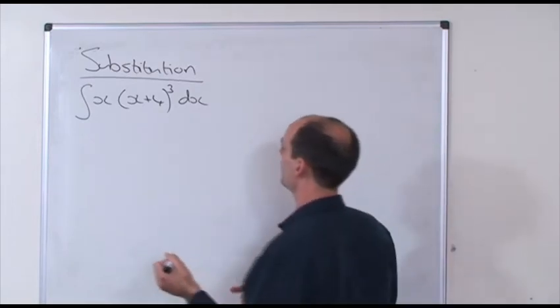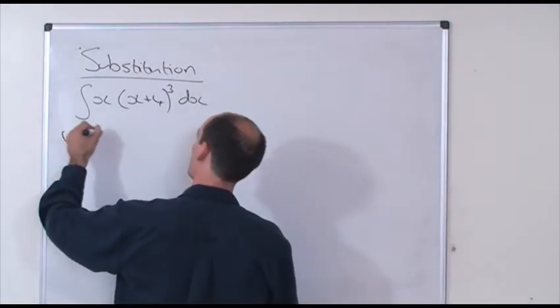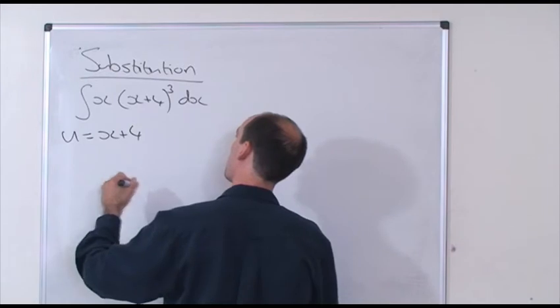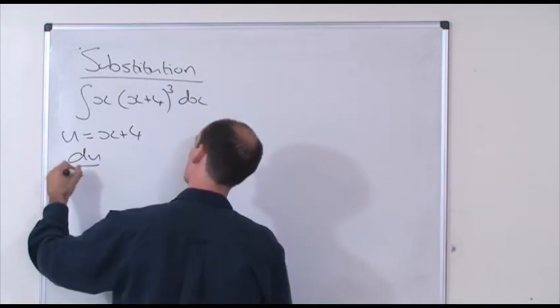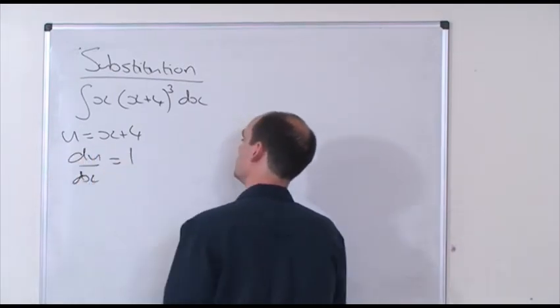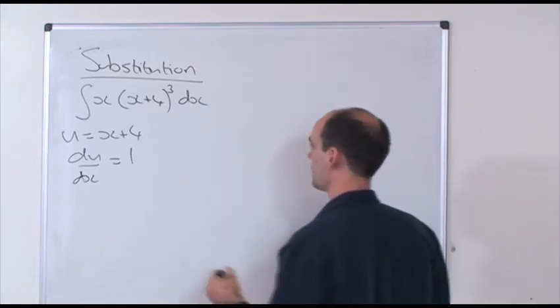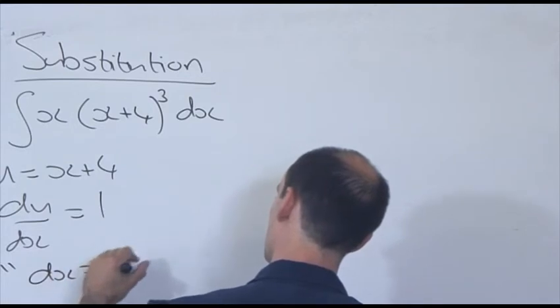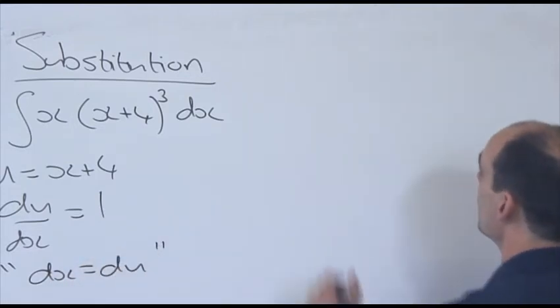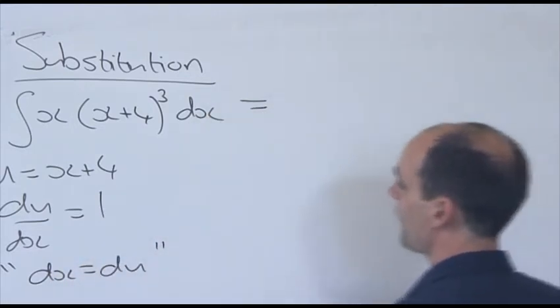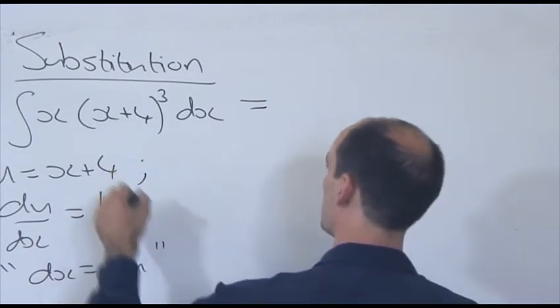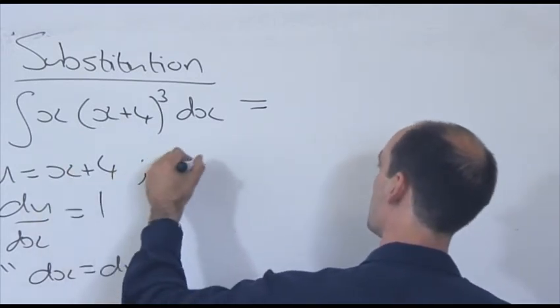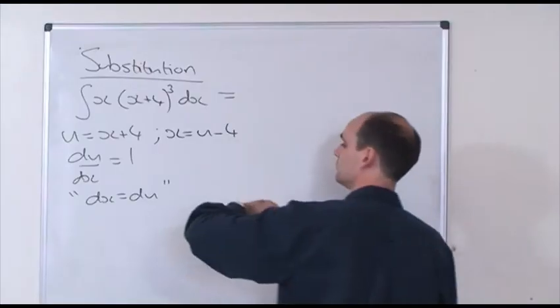Well, let's let u equal x plus 4. So du by dx is equal to 1. Let's rearrange that. So we get dx is equal to du. And actually I've got an x plus 4 here for u, so I can rearrange that and say x is equal to u minus 4.